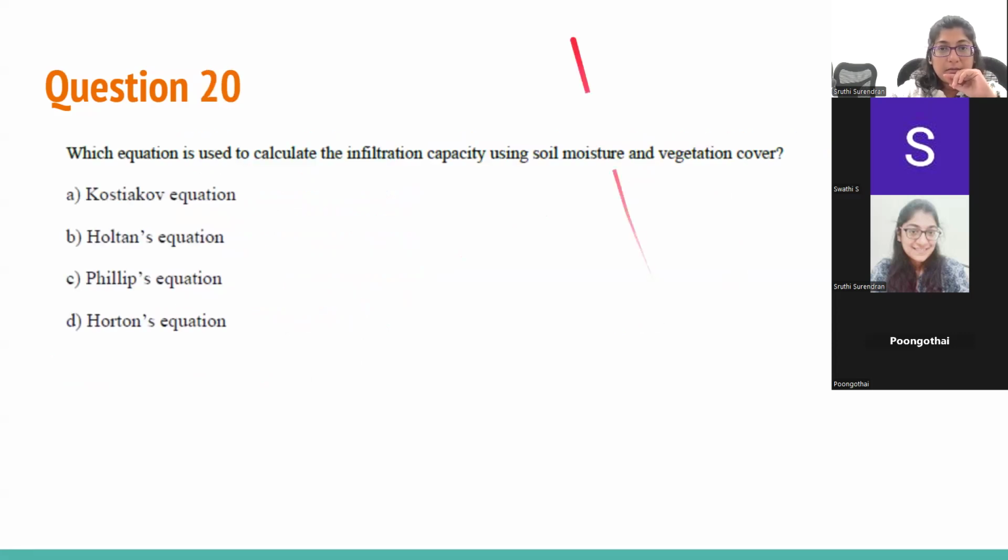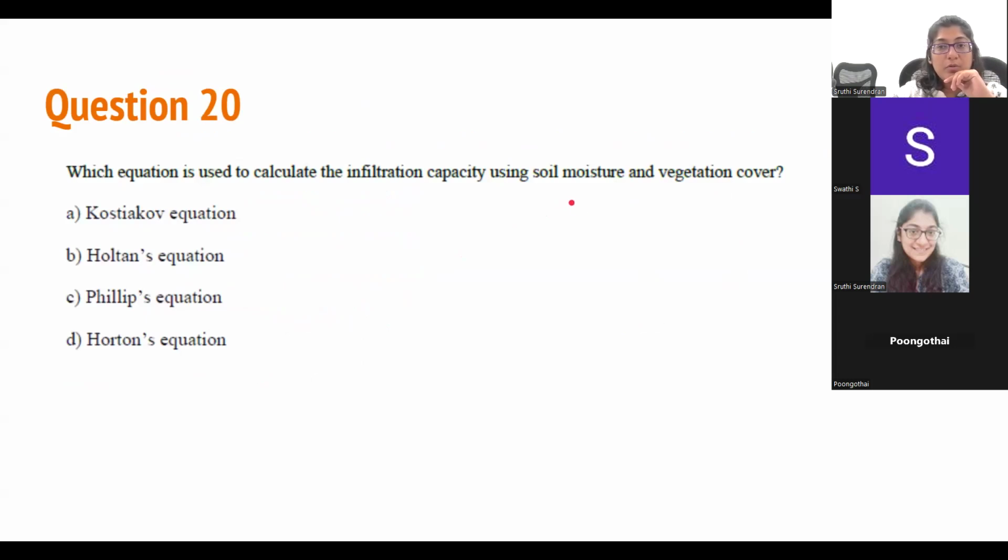Again, this is a question on the equation. Which equation is used to calculate infiltration capacity using soil moisture and vegetation cover?